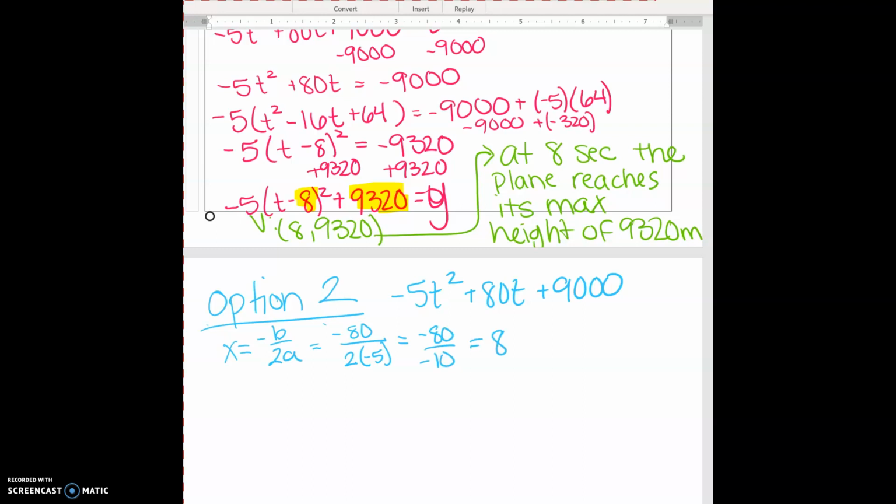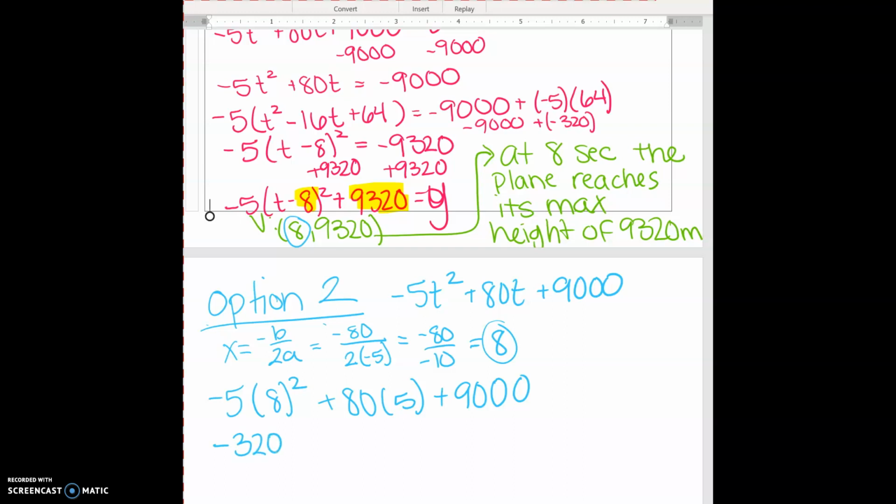So we can see right now that 8 is the same as that, so that's good. And then to find our y, we go ahead and plug that x value back in. And when we do that, we get negative 5 times 8 squared, so negative 5 times 64 would give us our negative 320.